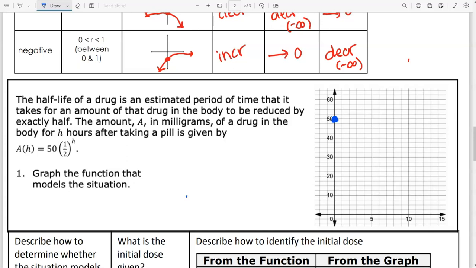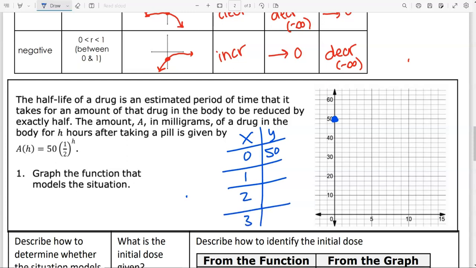By 1/2. Good. Let's make a little chart here. We're starting at 0, 50. As we move forward, we can go like 3 spots. We're cutting in half each time because my B is 1/2. A is 50. That's where we start. Your B is 1/2. That's how we move forward.